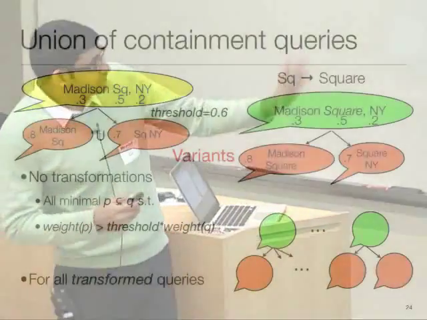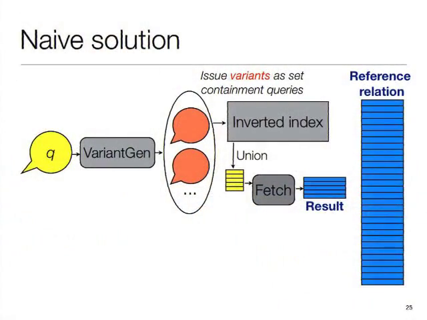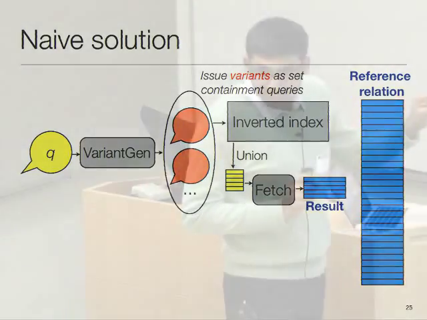So this is conceptually one naive way of doing things. Of course, you can see that there is a large explosion here. The red queries are what we will call variants in the rest of the talk. These are variants of the query which are set containment queries whose union is the exact answer for Jaccard containment with transformations.